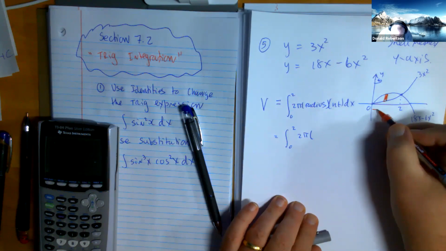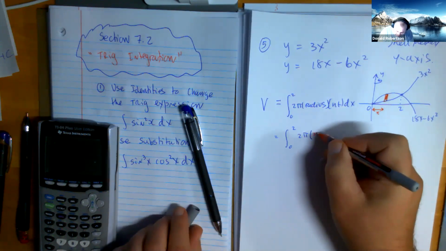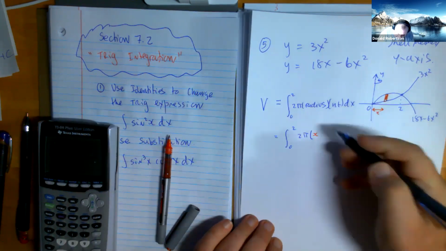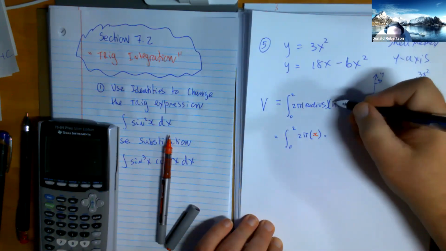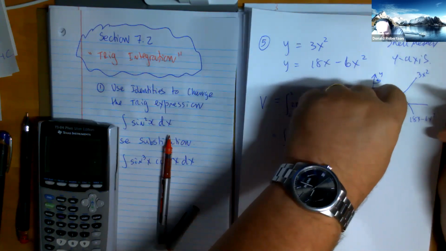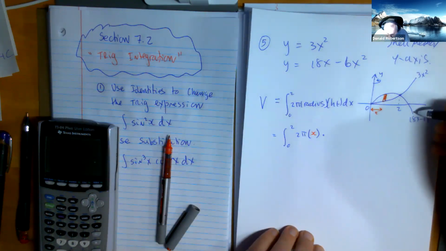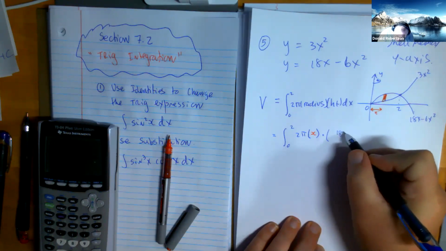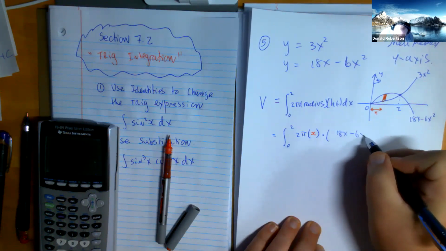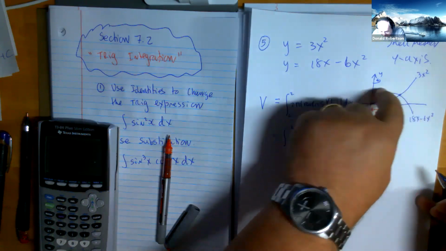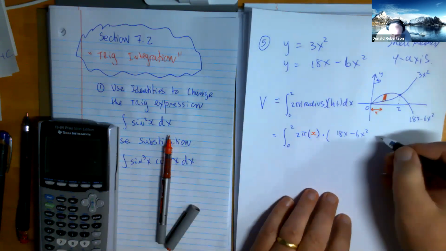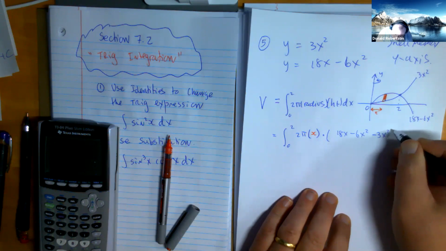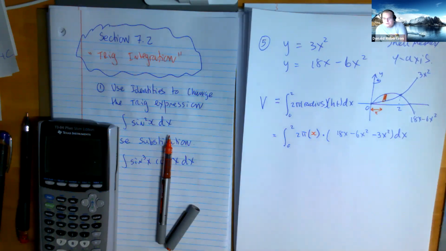And that distance from here to here is the radius, which in this case is just x. And the height is the top, take away the bottom. In other words, this guy, because he's higher up, take away that. So it's going to be 18x take away 6x squared, which is the top one, subtract the bottom, which is 3x squared, dx. Did you do that bit right, as far as you can recollect?